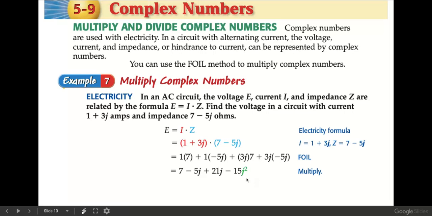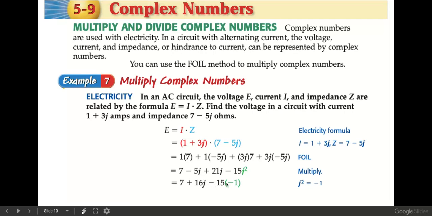And so if we remember, i squared is really just negative 1, right? So we can simplify that there, because i squared would just be the square root of negative 1 times the square root of negative 1, which is negative 1. And then we can simplify this a little further.